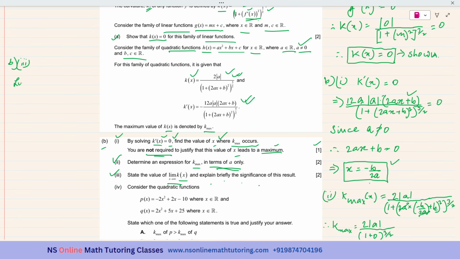Okay, limit as x extends to infinity, and k of x is equal to 2 times absolute value of a divided by 1 plus 2ax plus b whole square, and this is getting raised to the power of 3 over 2.